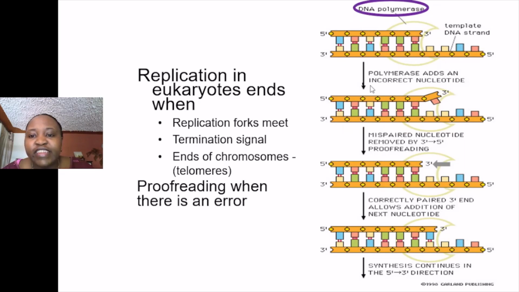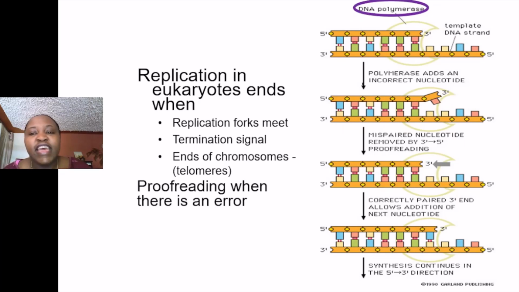such that if this is the strand to which we are adding nucleotides, and the polymerase has added an incorrect nucleotide at this position, it will realize the mistake. So the mispaired nucleotide will be removed by the 3' to 5' proofreading mechanism. Then once the correct one has been added, we can continue adding the correct ones.